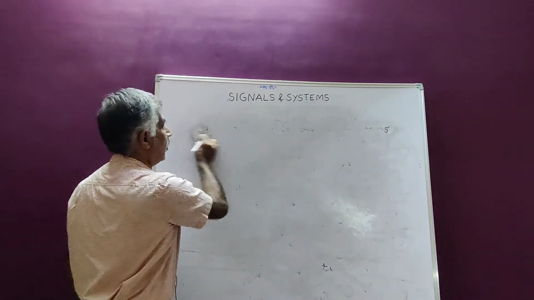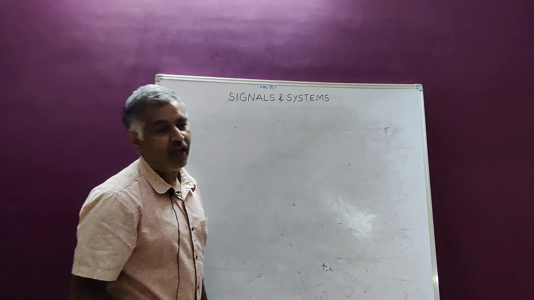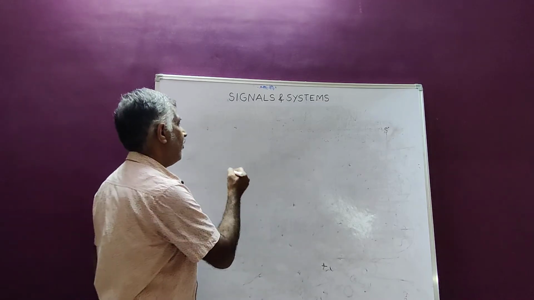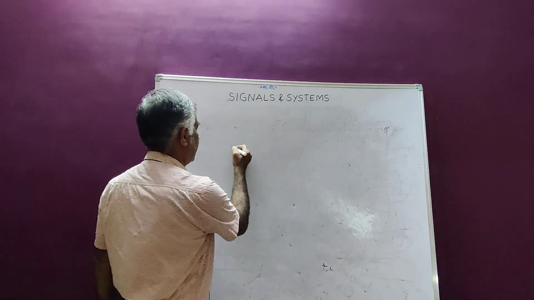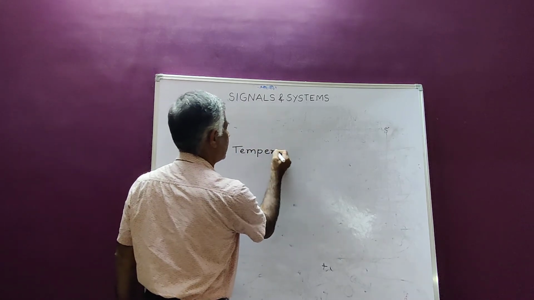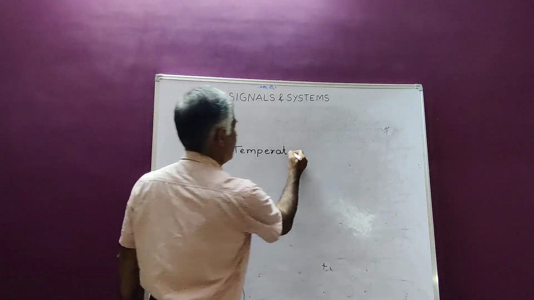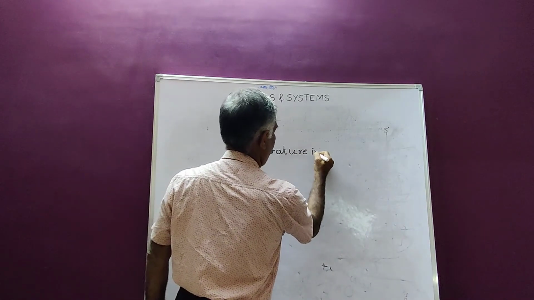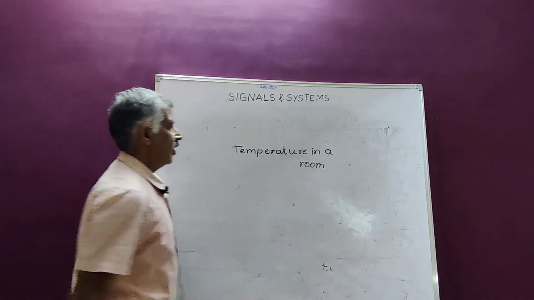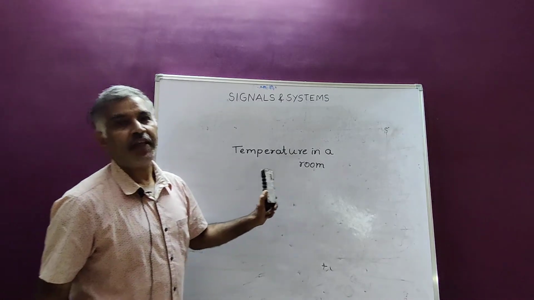What is a signal, and what is a one-dimensional signal? I will take the example of temperature in a room. In the next class, I will give the definition for signals and systems. Temperature is a physical variable.